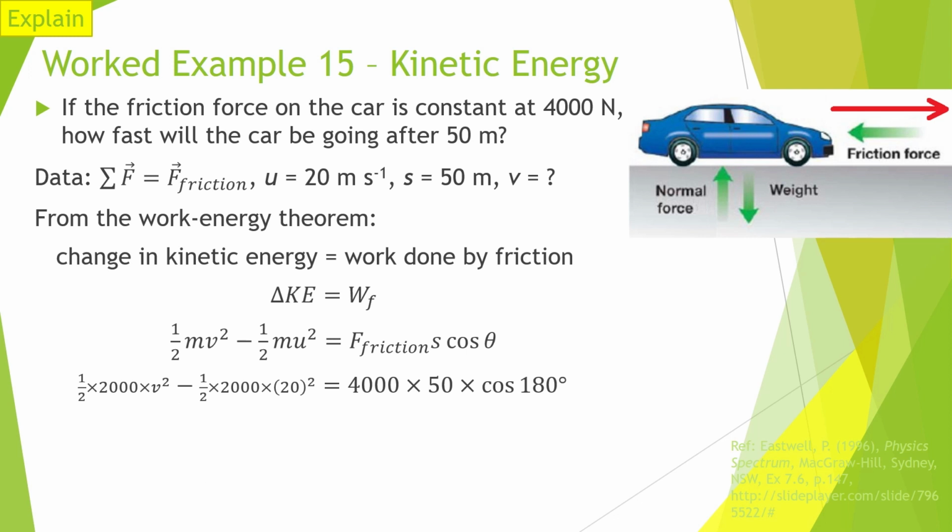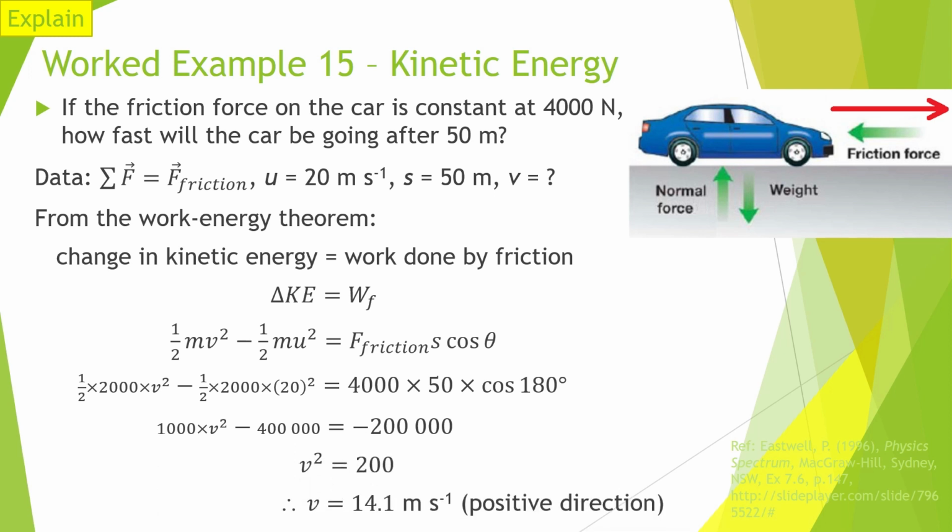But this time we need to substitute carefully, for we know the force due to friction, we know the displacement, we know the initial velocity is 20 meters per second, we know the mass. The only thing we don't know is v. So let's rearrange and calculate to get v squared equals 200 or v equals 14.1 meters per second in the positive direction. So it's still going forwards, but it's slowed down.